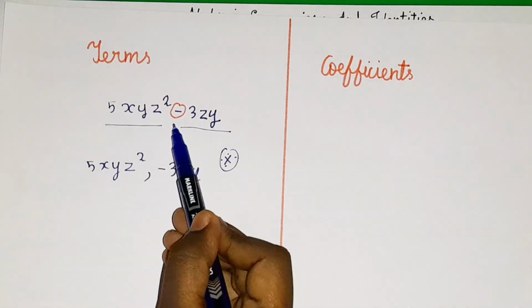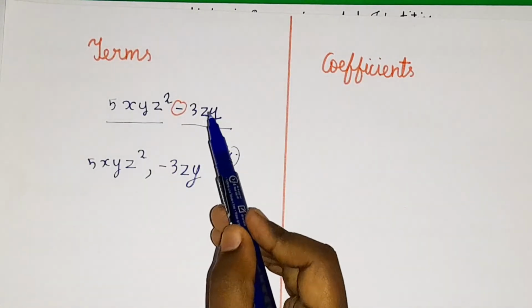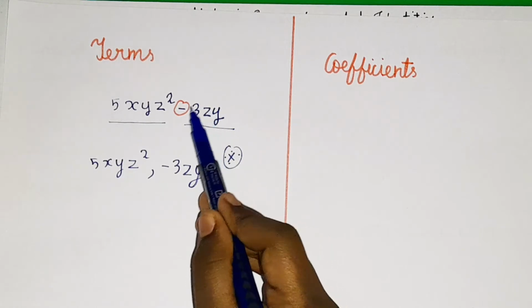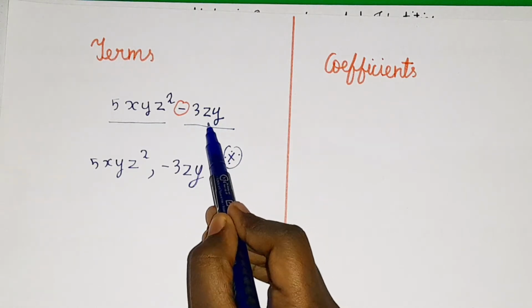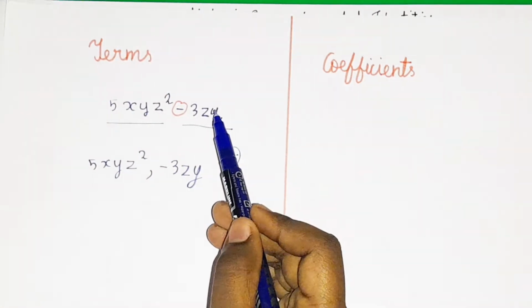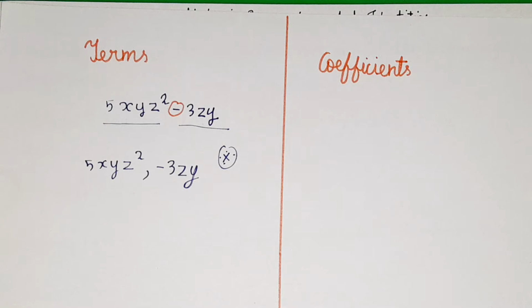The minus symbol belongs to the next expression, not the previous term. So it belongs to this 3zy. Here you can see I have just written the terms. I hope you understood that a mathematical operation splits the groups.